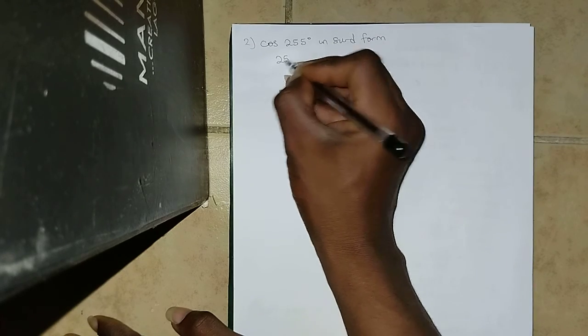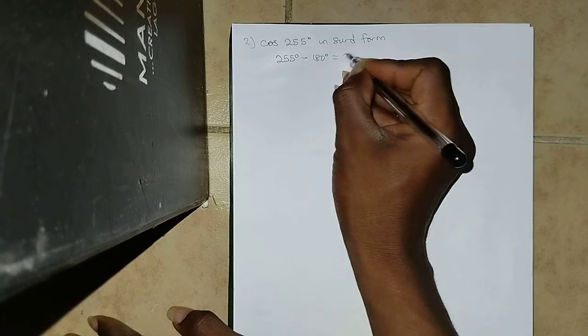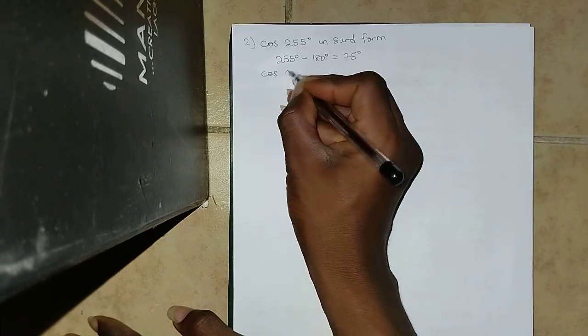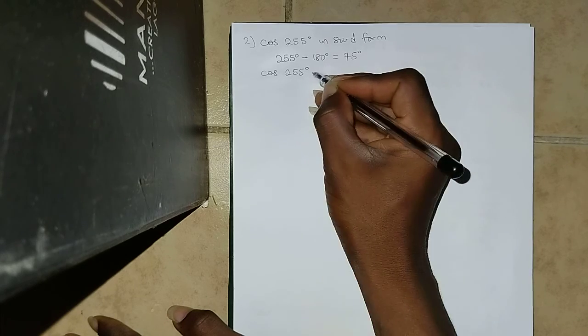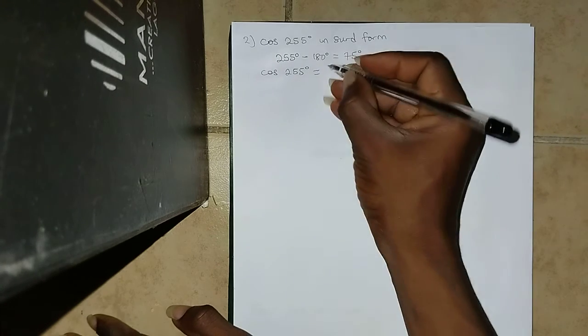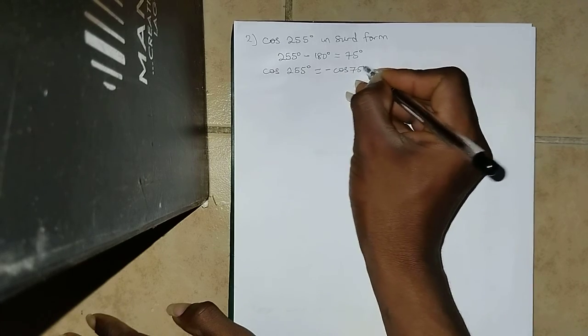I'll just simply do 255 degree minus 180 degree, which will give me 75 degree. So in acute angles, the value of cos 255 degree should give me negative cos 75 degree.